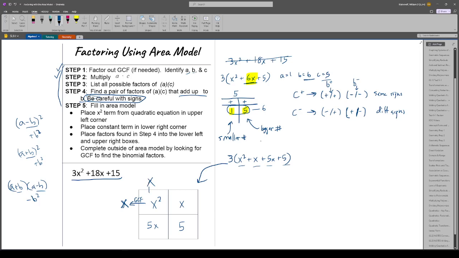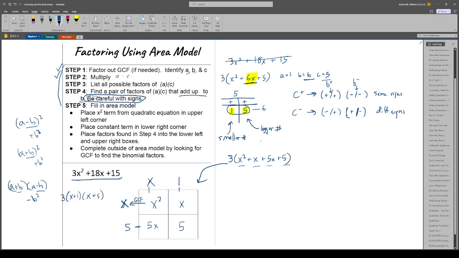Then I know that x at the top times this number down here at the lower left makes 5x, so that must be 5. And then to fill in my last part up here, I know that it's going to be a 1 because that makes x and 5. So basically, similar to what we did in division, going around and filling in the outside is kind of a little puzzle. We end up with our answer: x plus 1 times x plus 5, but remember that 3 is still there as well.